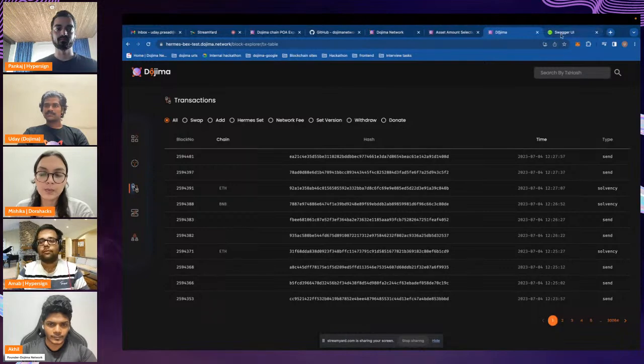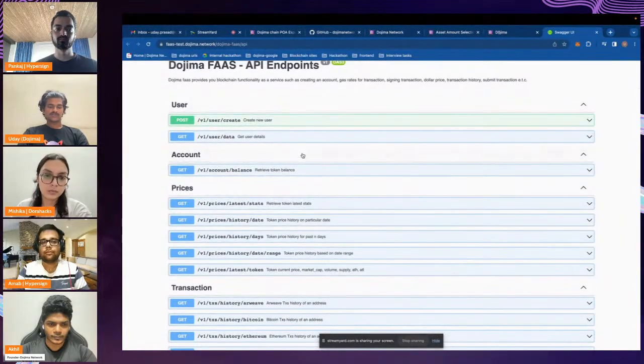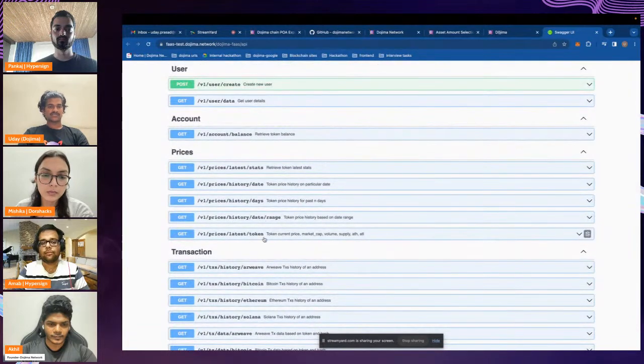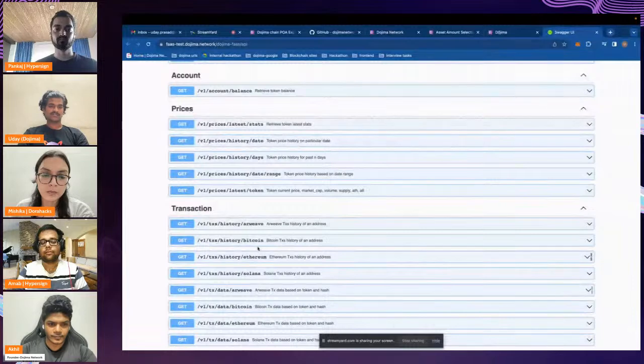And as Akhil mentioned, we also provide a fast functionality where the user can go through the transaction details, the latest statistics of the tokens, or the history of their token transactions.